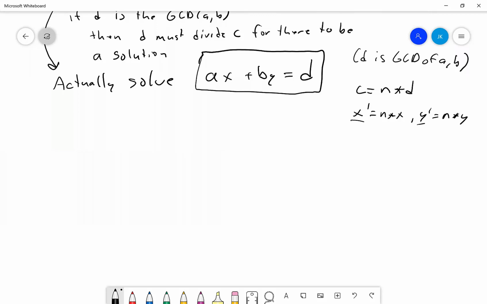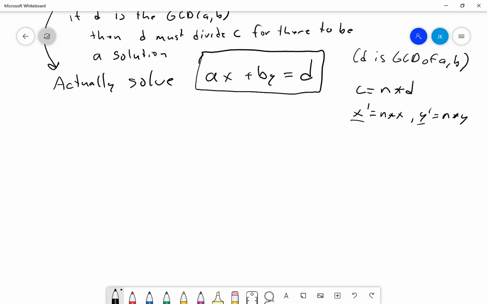So let's go through, and I think the best way to show how to do this is to describe the algorithm and then maybe show why that ends up working in the end. The algorithm will take two stages.